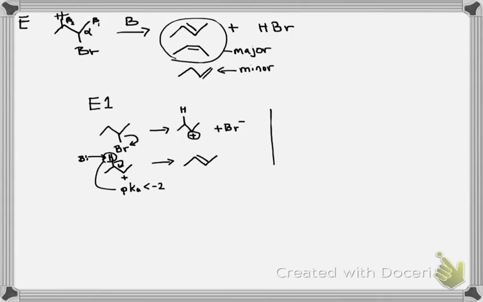So let's look at E2. What's the cousin for this one, you think? SN2, right? And SN2 happens in how many steps? One. This one happens in one step as well. So I'm going to draw the exact same alkyl halide, and put the hydrogen here.